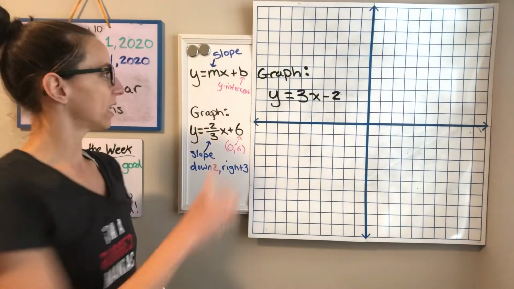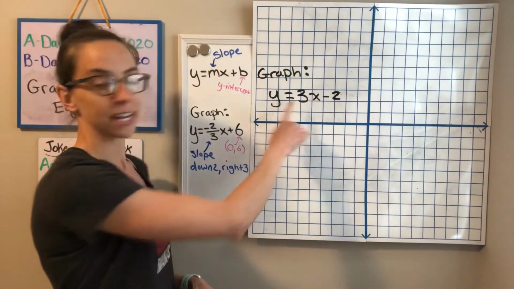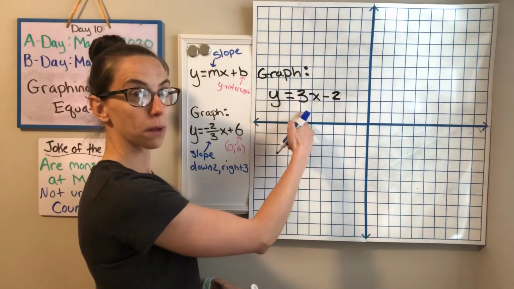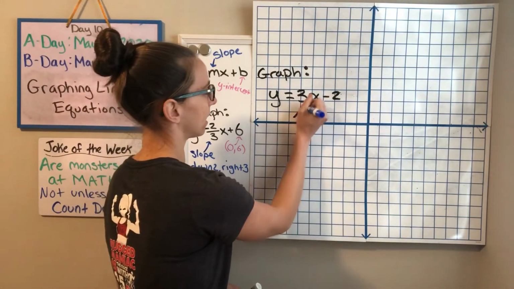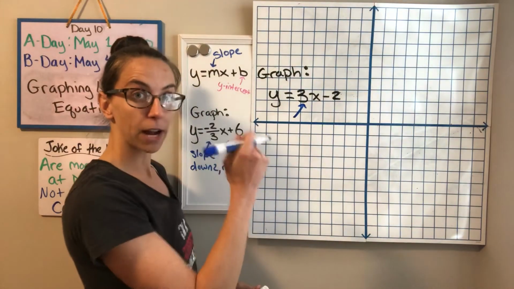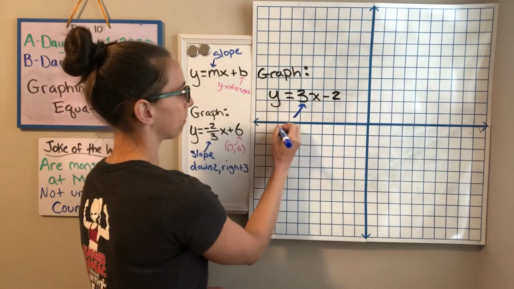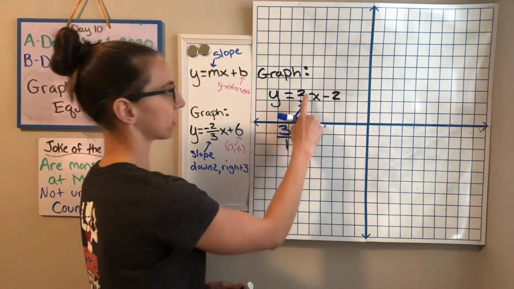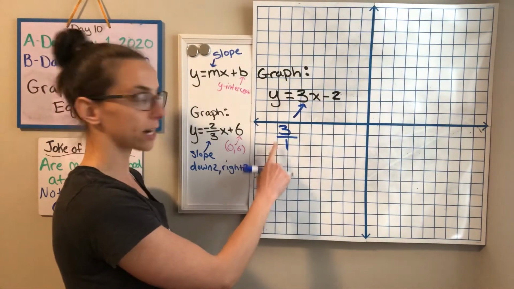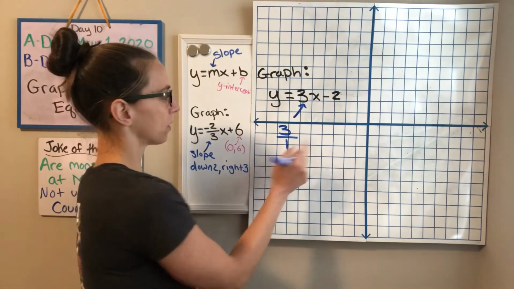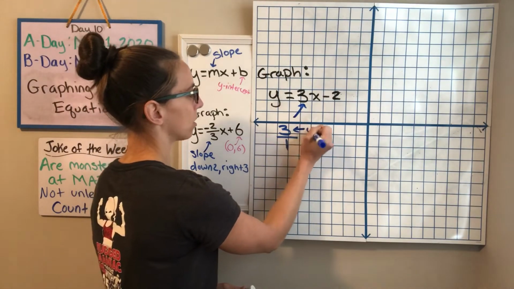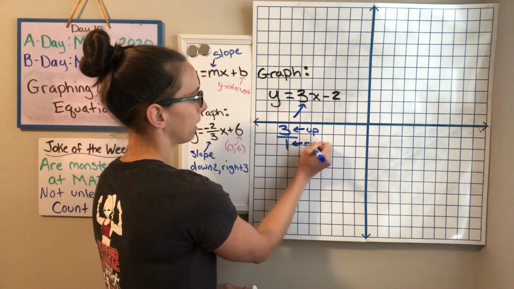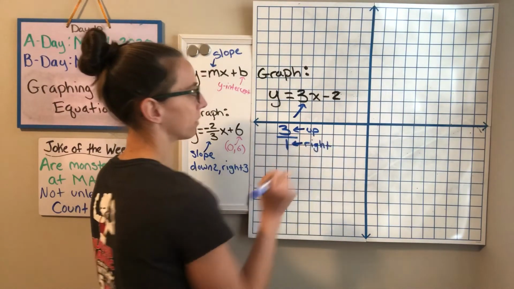The number next to x is 3, and on our notes, if our slope is a whole number, we can write it as a fraction by putting the whole number 3 over a denominator of 1, so 3 can be written as the fraction 3 over 1. That means the 3 is telling us to go up 3 units and to the right 1 unit. That's how we're going to be moving.